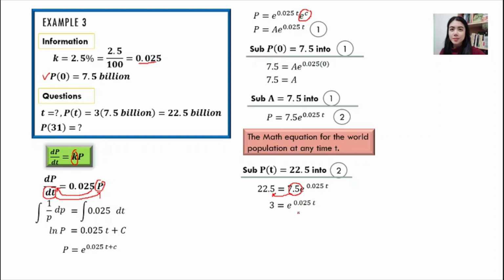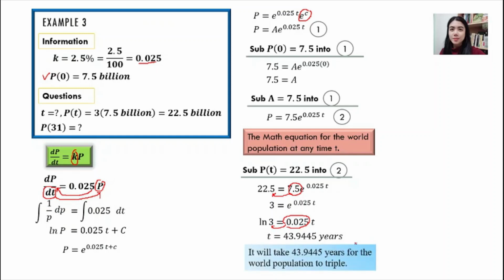We have the exponent on the right hand side, and then you add the ln to both sides. Bring this one to the left hand side, we can divide. You have ln 3 divided by 0.025, and you have the value of t. So it means that it will take 43.9445 years for the world population to triple.